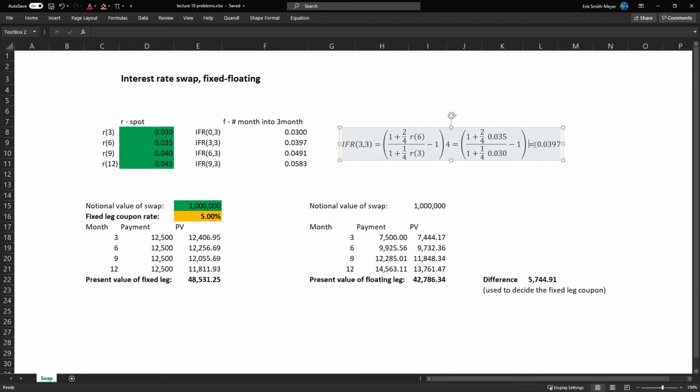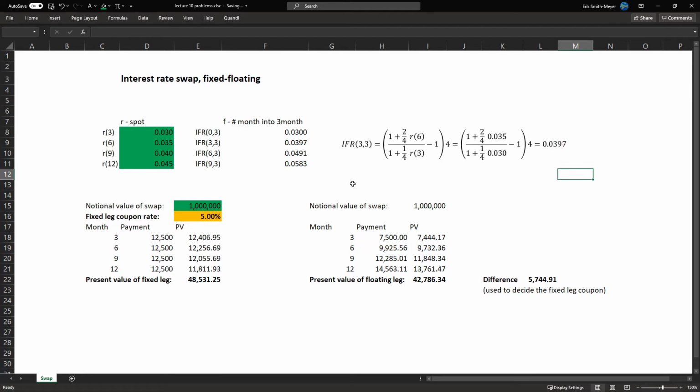And here it should be times 4. And the answer is an annualized 3-month into 3-month implied future rate or forward rate of 3.97%.